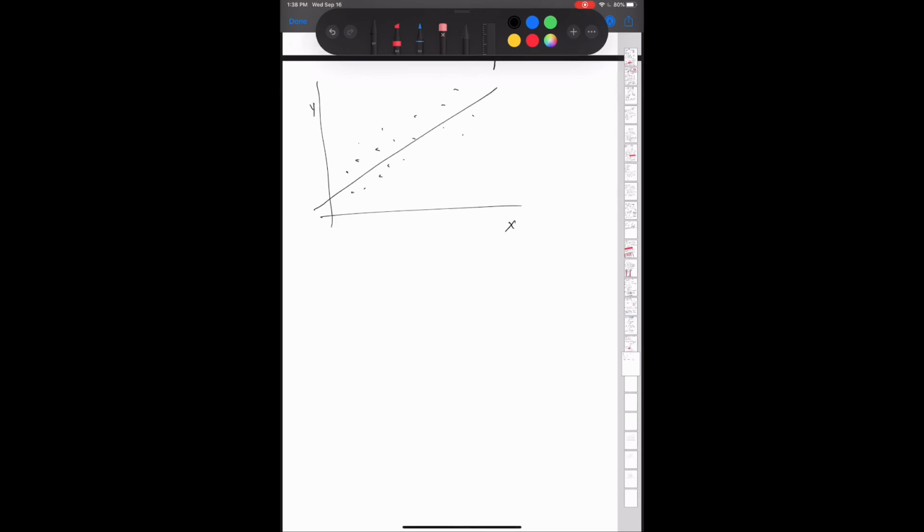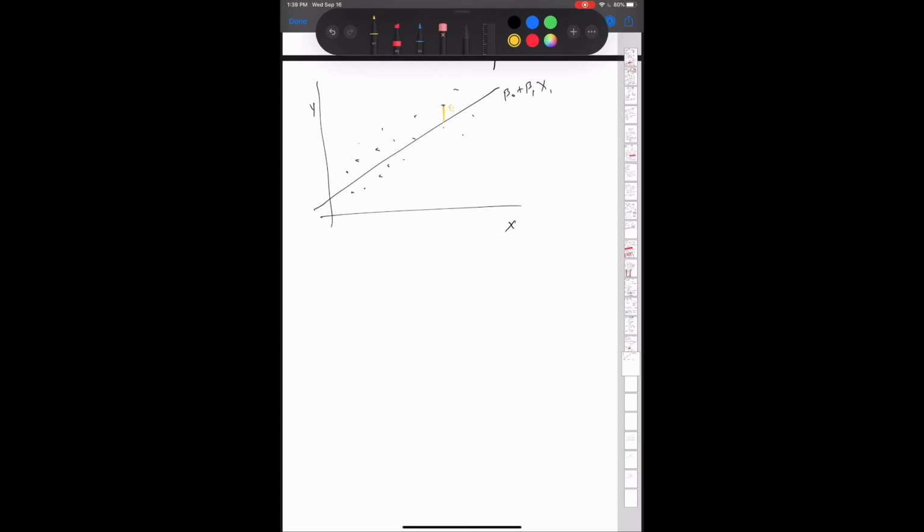Let's say this is the regression line that we generally would not know, but maybe we are in God mode and we know what the regression line is. Then how much this y exceeds the regression line is the epsilon i.